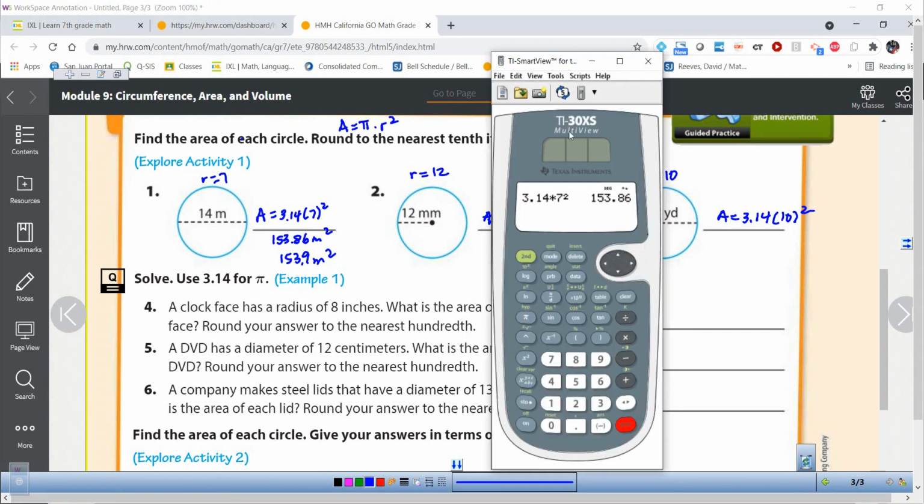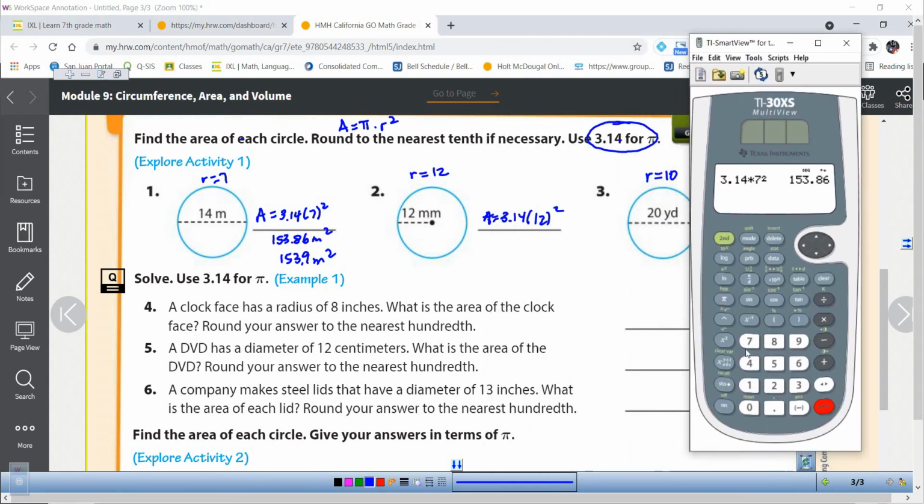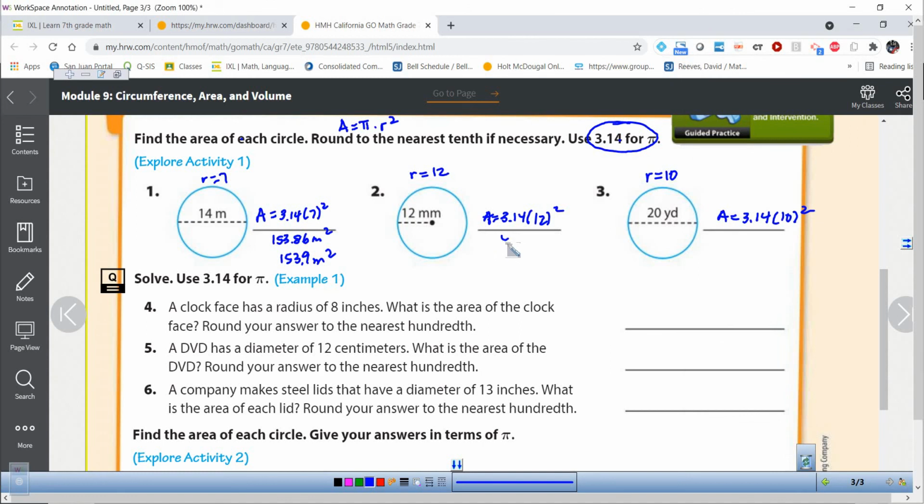This next one, I'm going to put in 3.14 times 12 squared. And when I do that, I get 452.16. And this is going to be millimeters squared. But when I round to the nearest tenth, that's going to be 452.2.